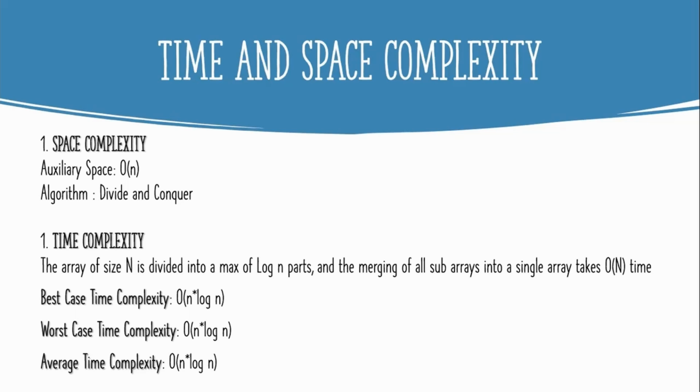And this particular time complexity is the same in the best case, worst case and average case as well. As in all these three cases, the original array has to be divided at first into multiple subarrays, and then those subarrays have to be merged to obtain a final sorted array. So in all those three cases, the time complexity remains the same, that is big O of n log n.